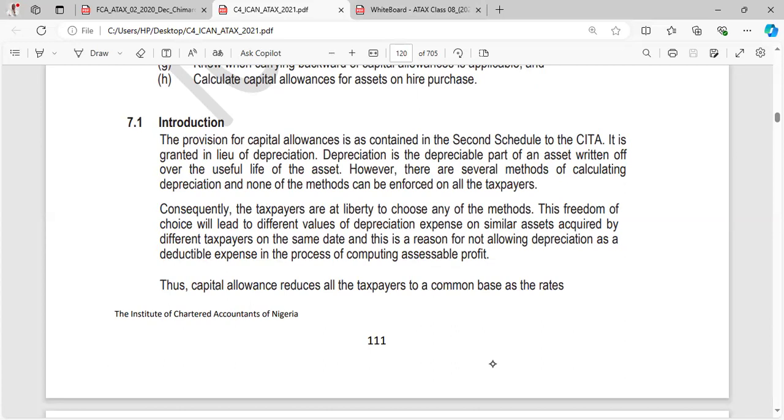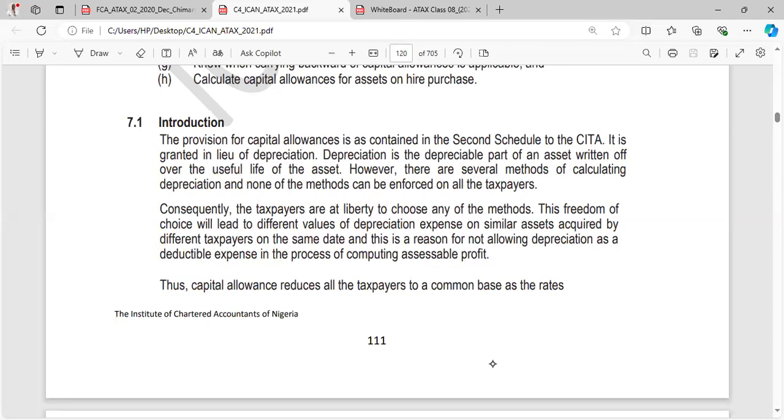So if you have a motor vehicle and you bought it for 1 million naira, and you say you are going to depreciate it, the useful life is 4 years, and there will be no scrap value, then if you're using the straight line method, every year you are going to take 250,000 for 4 years. If it is 5 years, you take 200,000.